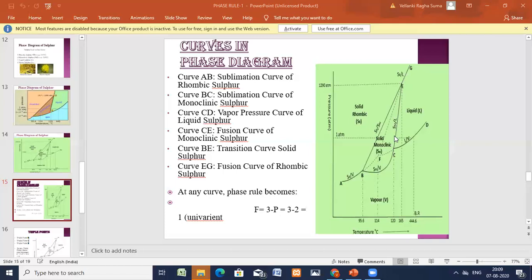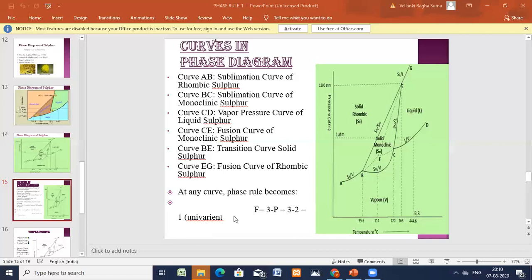At any curve, what is the phase rule? F is equal to 3 minus P. Here, how many components? I've told you, F is equal to C minus P. Here 3 minus P, equal to 3 minus 2. It is a univariant system.